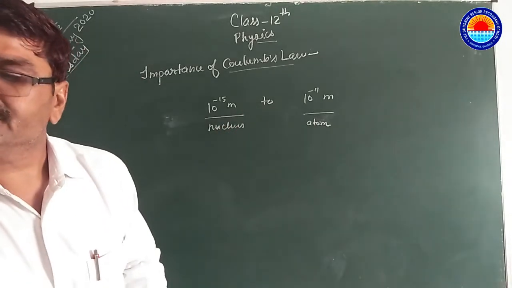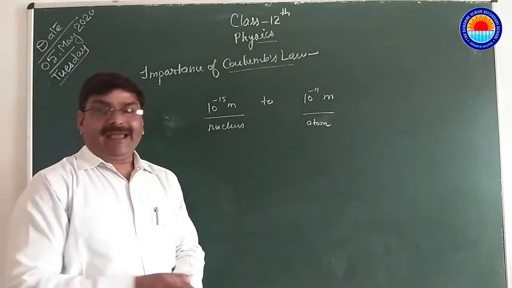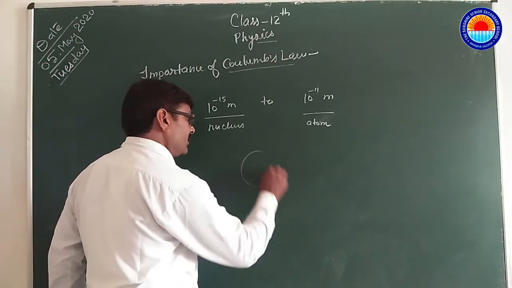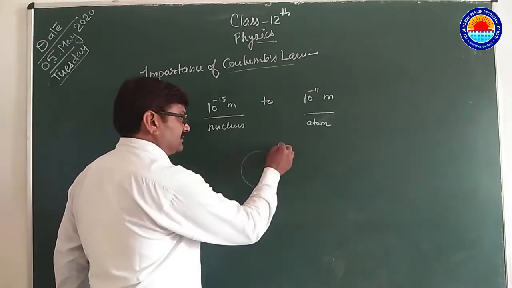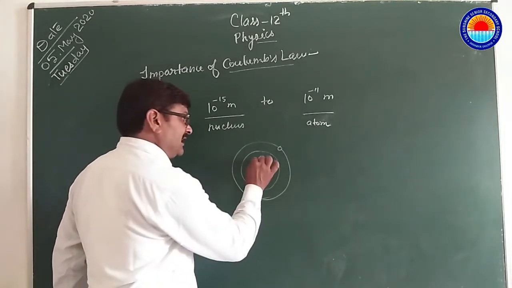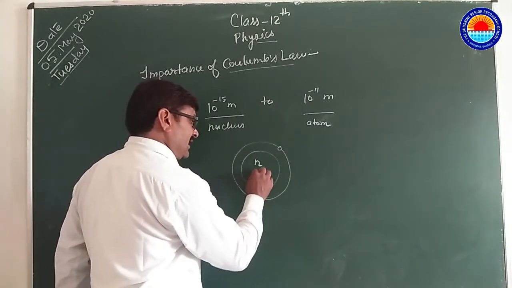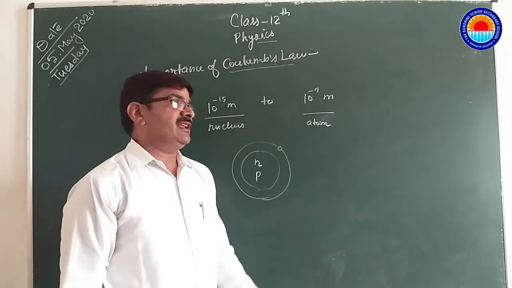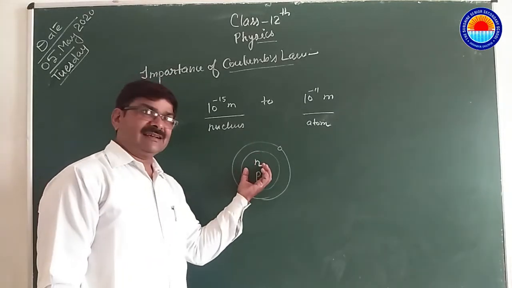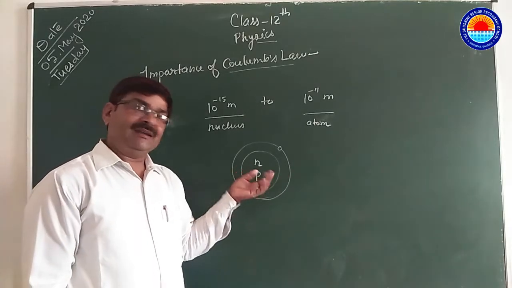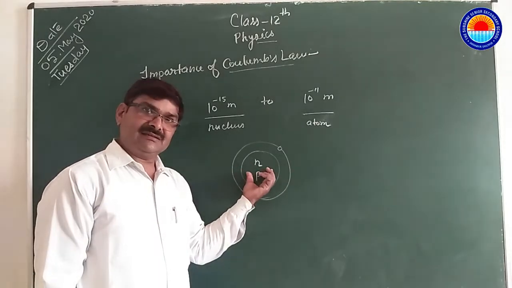You know that atoms are made up of three particles, in which electrons revolve in the outermost shell and neutrons and protons are inside the nucleus. There are forces of attraction and repulsion, both applied inside the nucleus.